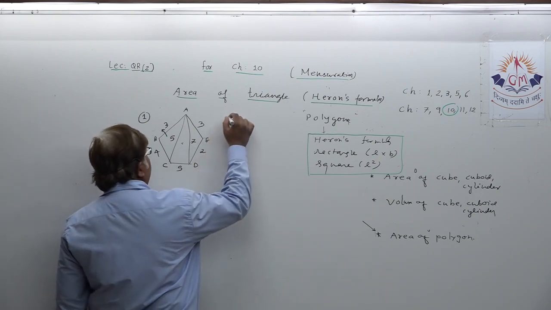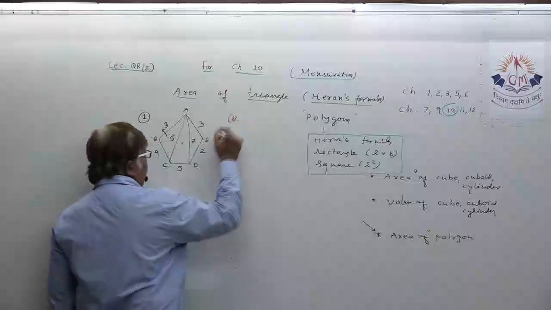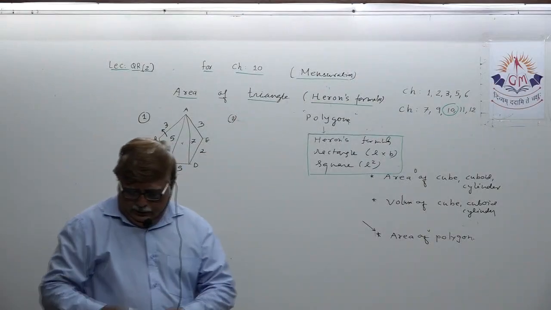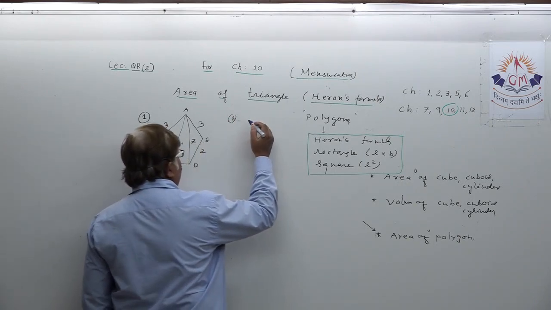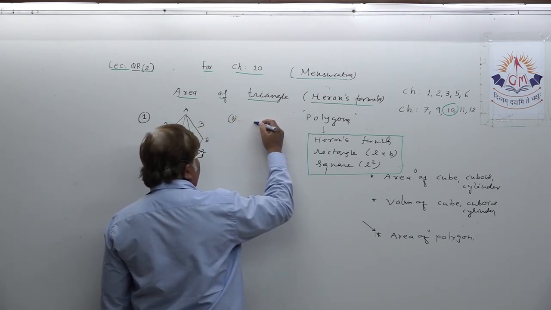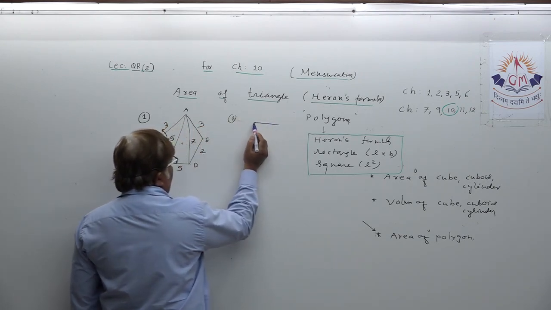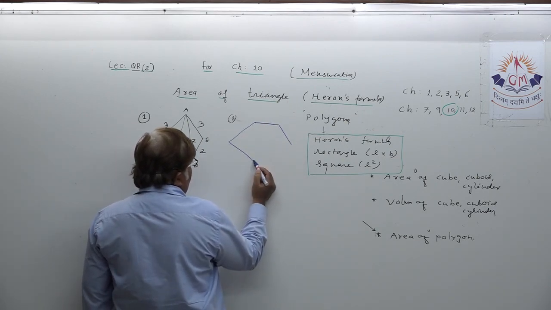So this is the first. Suppose I draw another polygon. Just have a look at this and calculate this example as homework. Suppose you are given a hexagon this way.